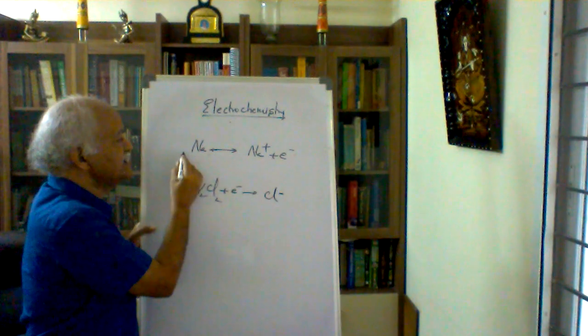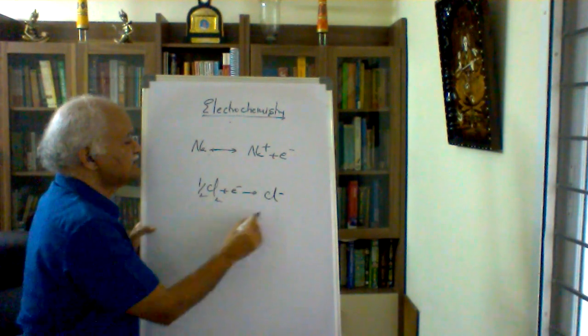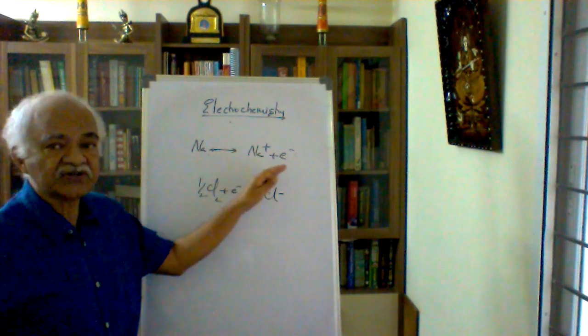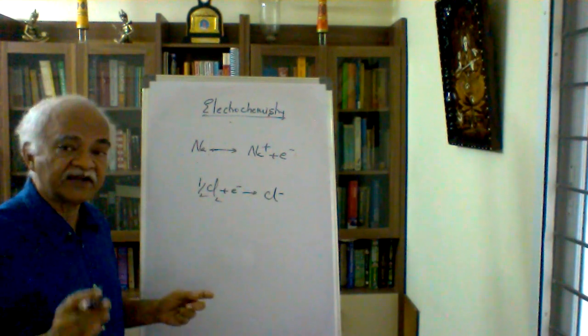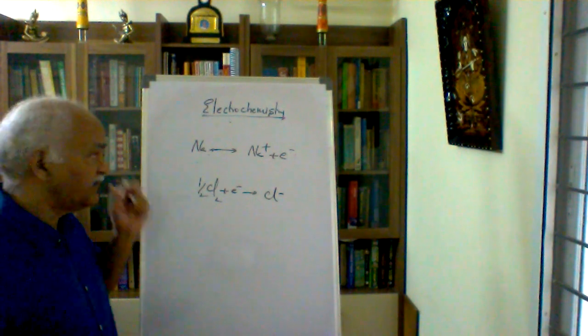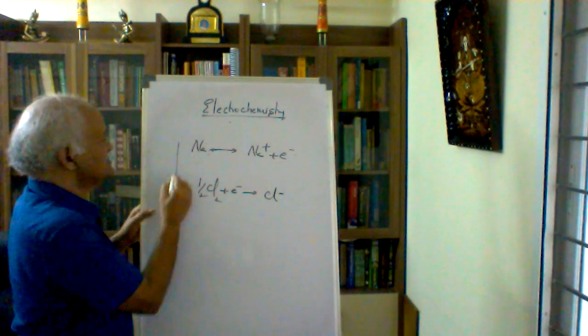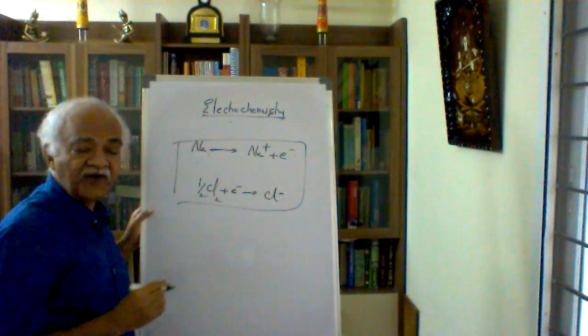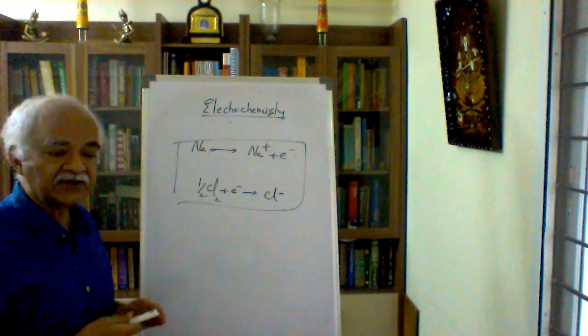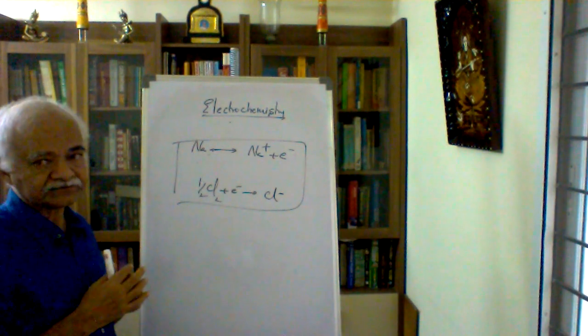Therefore, you can easily see how the electrons are moving. In one half, an electron is lost. Therefore, in the other half, that electron must be accepted. Try to divide the equation into two halves so that you can see clearly the movement of electron.